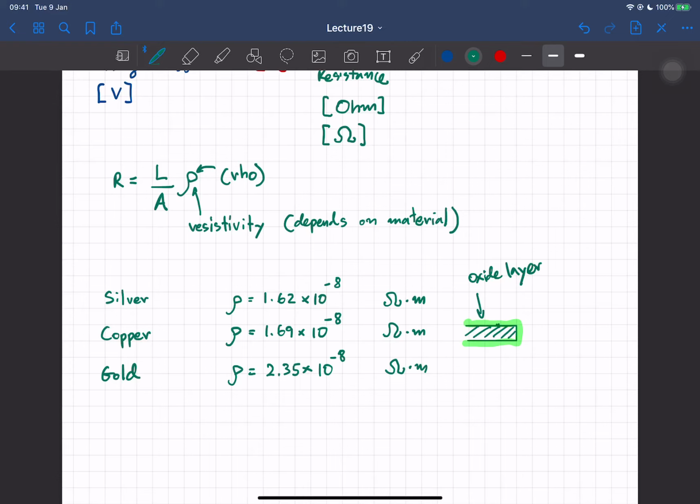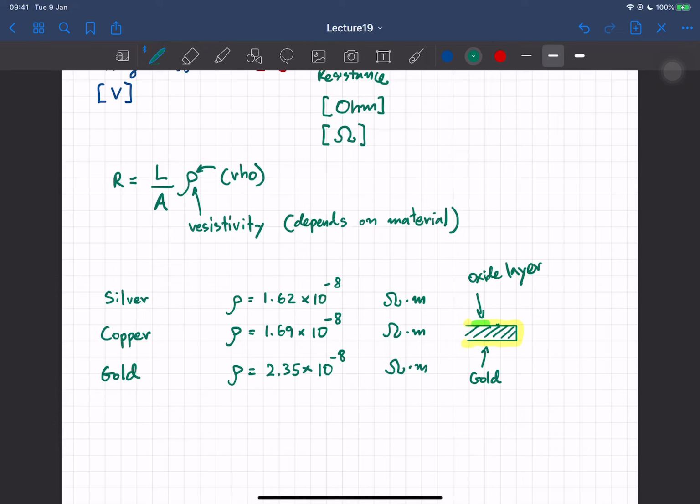But for some reason, gold itself doesn't form oxide in air. So what we do is we coat or plate gold around the connector to prevent this problem. Okay, so if you put gold here, it's gonna remove the possibility of forming an oxide layer at the surface of this connector.